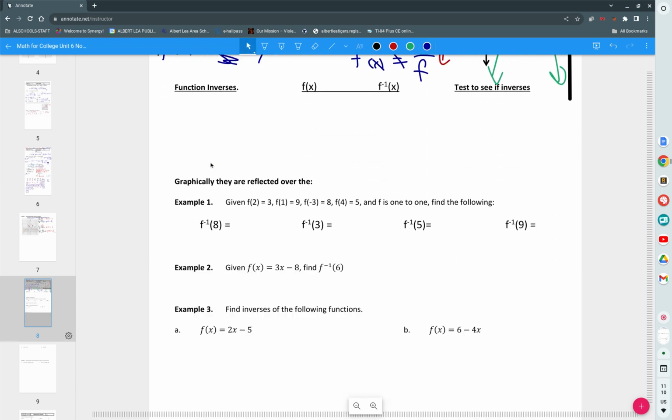In order for a function to have an inverse, it must be 1-to-1. And here's what a function inverse is. It's very, very simple. For function inverses, the domain becomes the range, and the range becomes the domain.